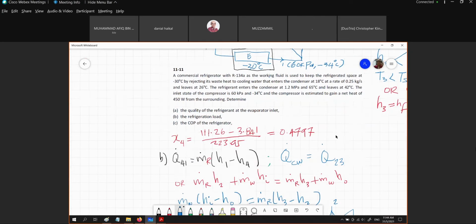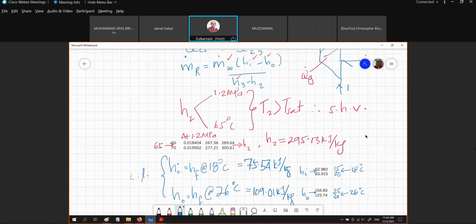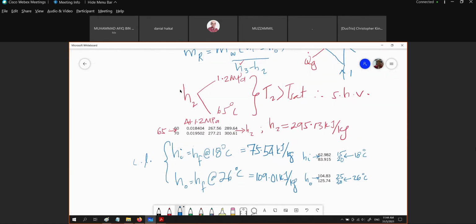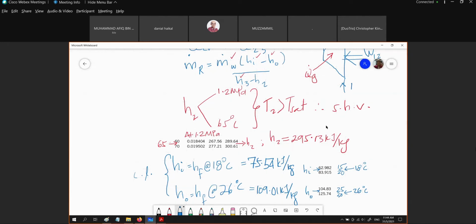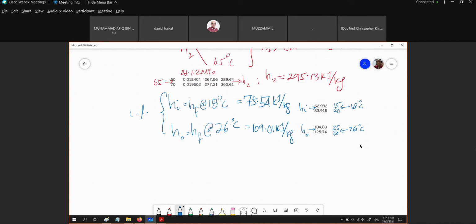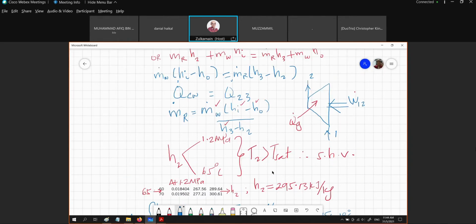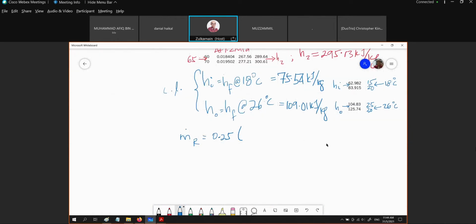The m dot w is 0.25. m dot r is equal to 0.25 multiplied by HI minus H naught, which is 75.54 minus 109.01, divided by H3 minus H2.